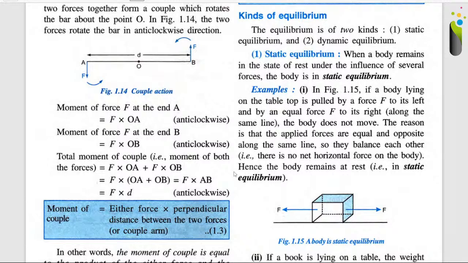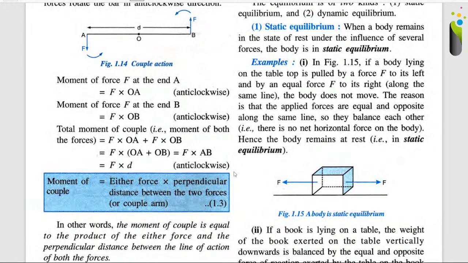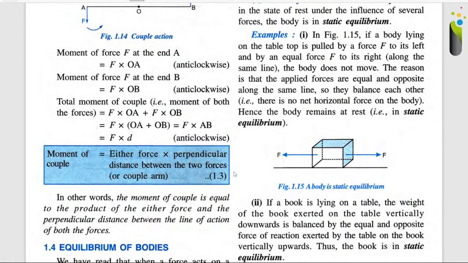Let's first understand static equilibrium. When a body remains in the state of rest under the influence of several forces, the body is in static equilibrium. Examples. First, in figure 1.15, if a body lying on the tabletop is pulled by a force F to its left and by an equal force F to its right along the same line, the body does not move.